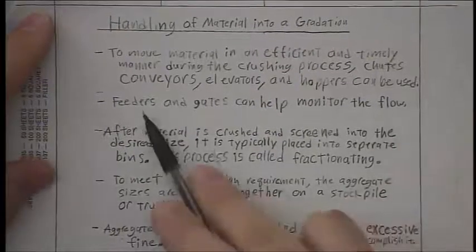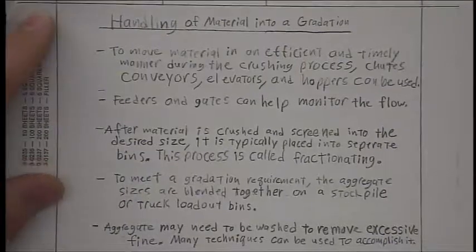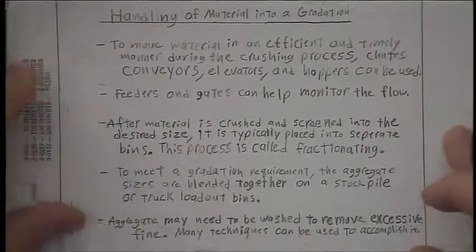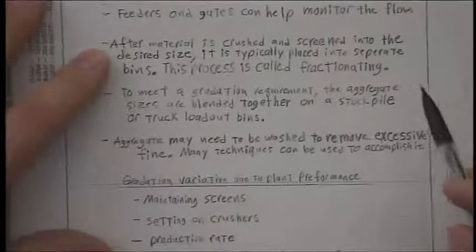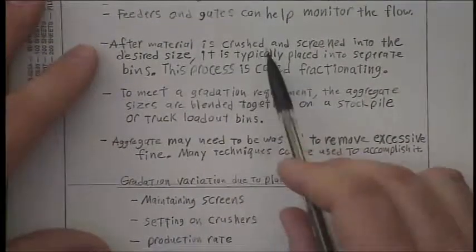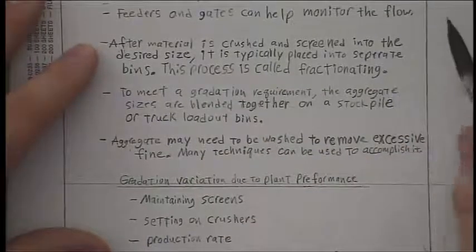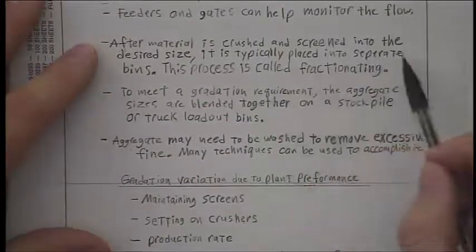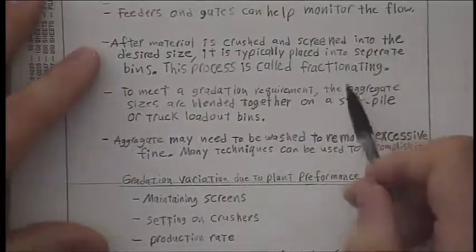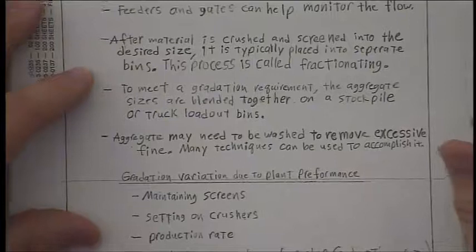Typically your feeders and your gates monitor your flow throughout the process. After the material is crushed and screened, when it's separated into bins, fractionating is actually what that process is.